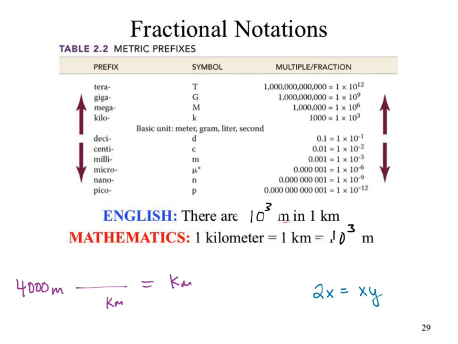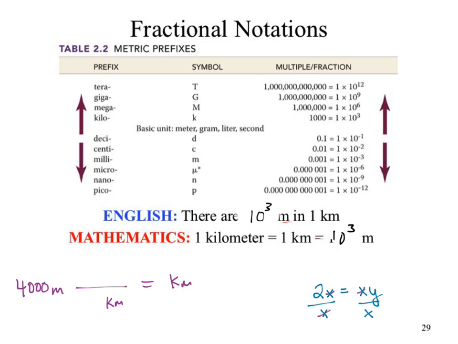What does y equal? Two. What'd you do? Divide both sides by the same thing, and what happens?